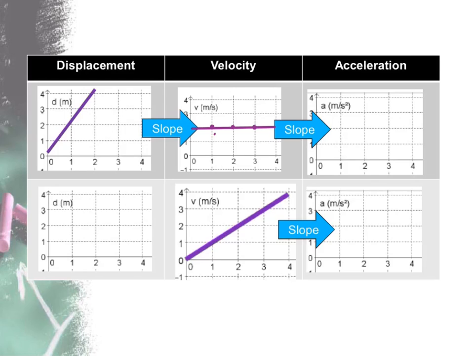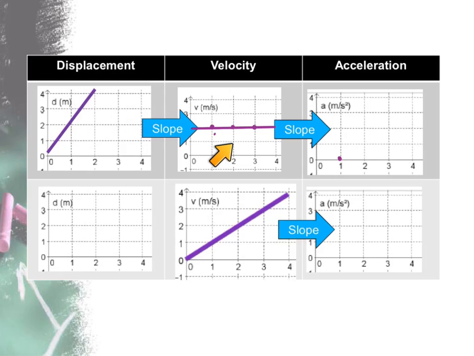Now I can take the slope of a velocity versus time graph to figure out what acceleration is. So let's do that. Let's ask ourselves, okay, if I'm looking at time 1 second, what is the slope of the line near that point? And it happens to be 0 because we're not changing velocity up or down.